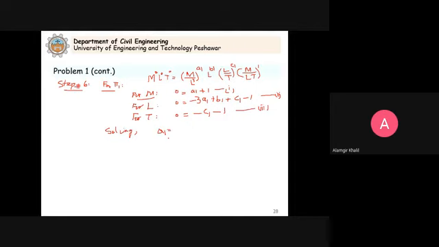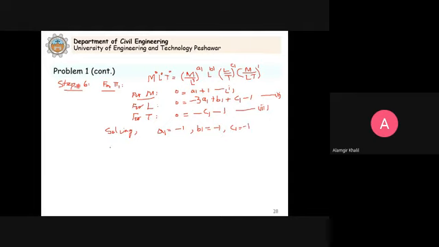In this case, a1 comes out to be minus 1, b1 comes out to be minus 1, and you can see here c1 comes out to be minus 1.